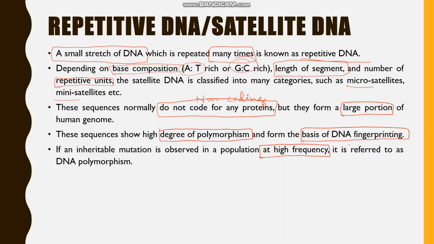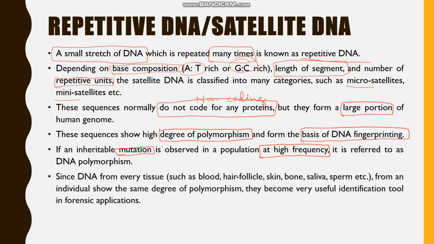All the mutations may not express in the immediate generation. If an inheritable mutation is observed in a population, that too at high frequency, then it is referred to as DNA polymorphism.